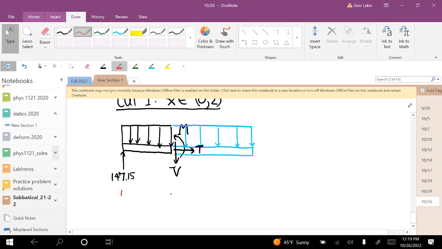And the length of this piece is x. And our Q function is 147.15 newtons per meter.